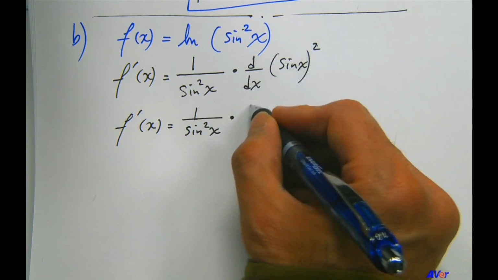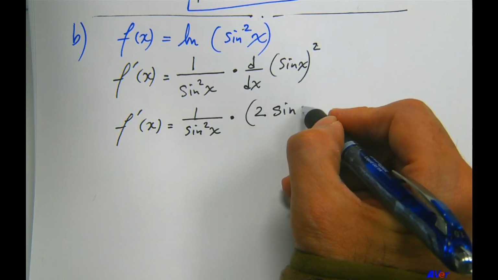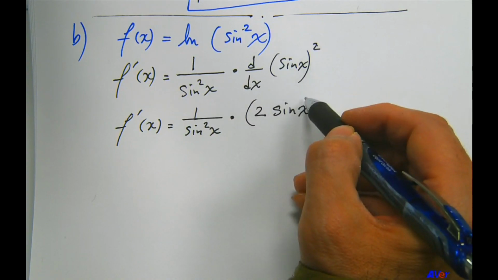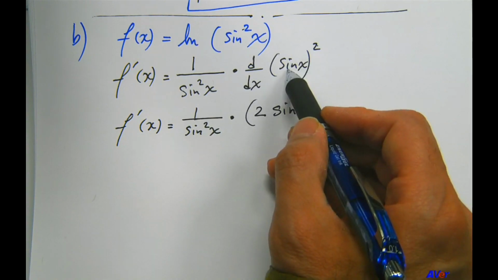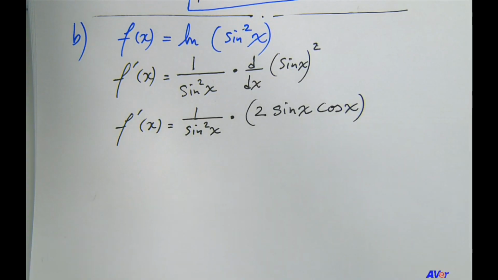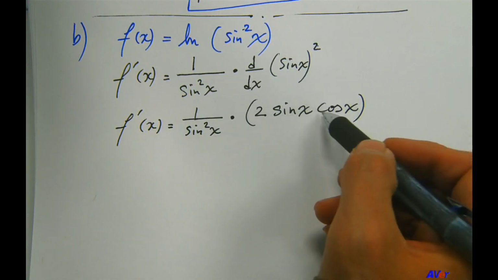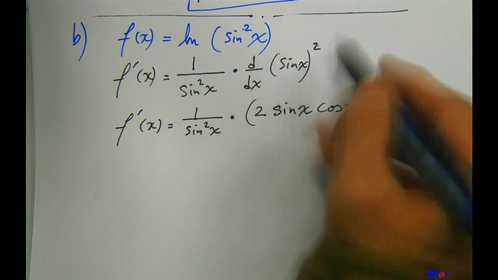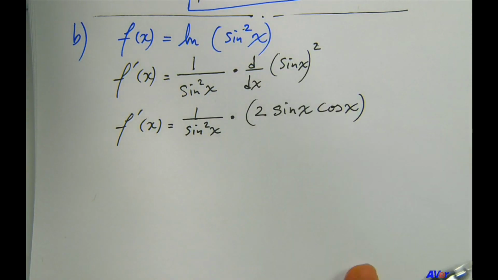So times 2 sine of x, the power is reduced by 1, so I'm not going to put anything here, times, by the chain rule, the derivative of sine of x, which is cosine of x, like that. Or you could have just done this. I combined a couple of steps here. You could have said 2 times sine of x, and then in parentheses cosine of x. You could do that too, but eventually you end up with this.